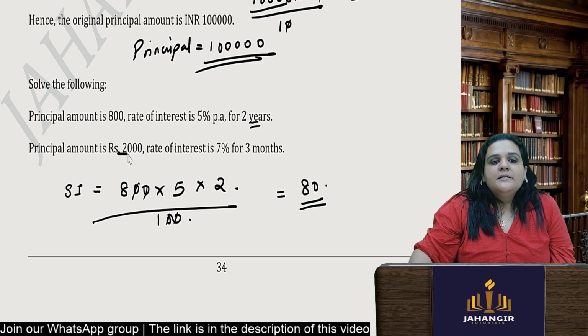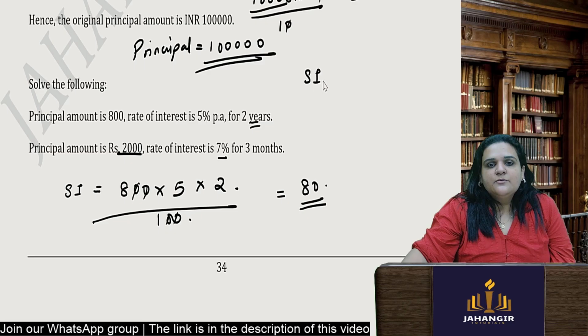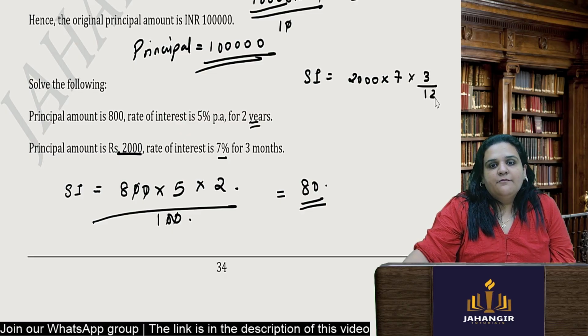Now principal 2000, rate of interest is 7%, but it is only for 3 months. So here simple interest will be 2000 into 7%. 3 months means 3 divided by 12.